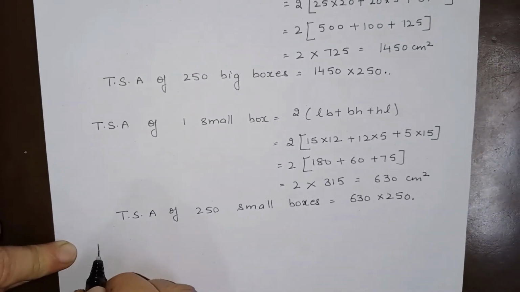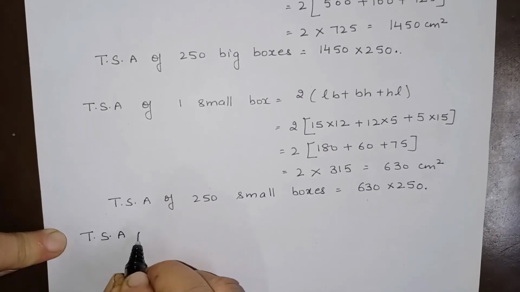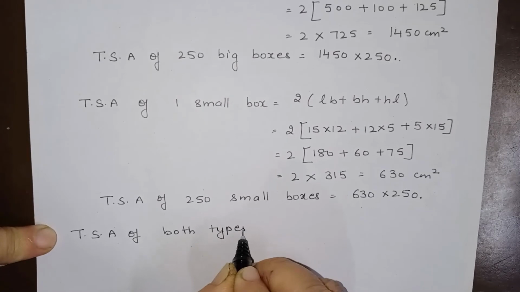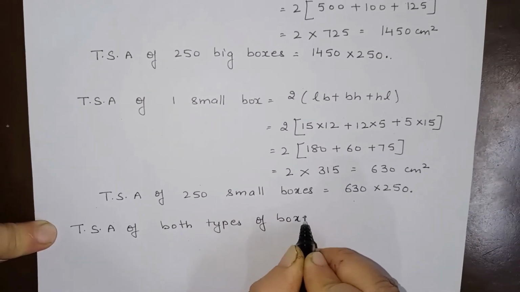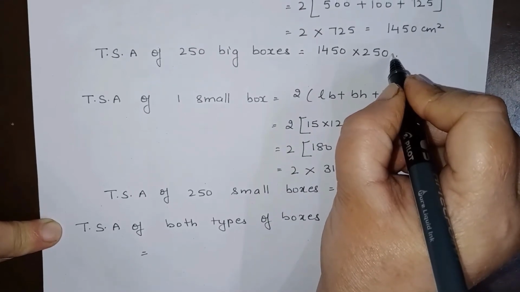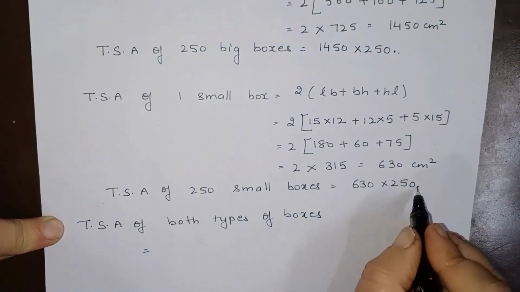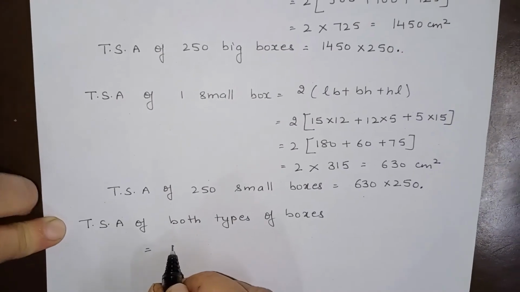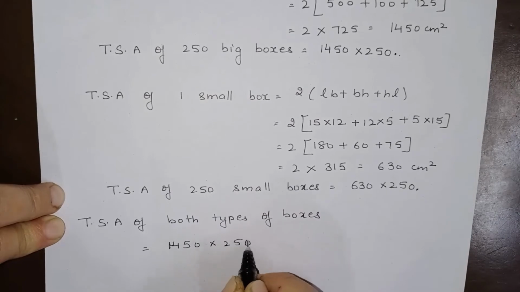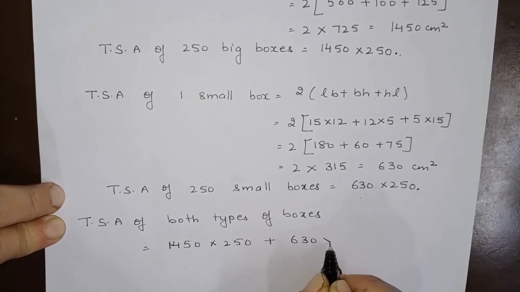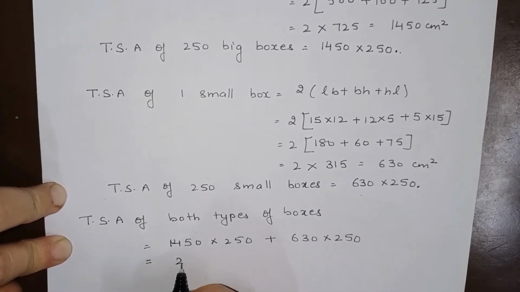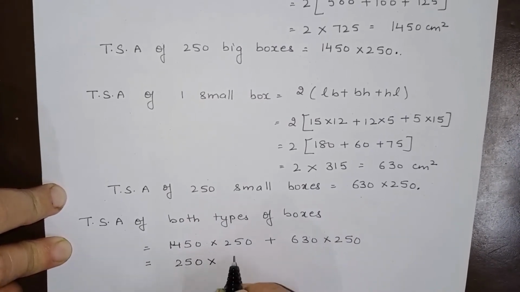Now we will write total surface area of both types of boxes. So we will add the total surface area of each type. This is 250 boxes of bigger size and 250 boxes of smaller size. So this is 1450 multiplied by 250 plus 630 multiplied by 250. We can solve it by using distributive property. That is, we can take 250 common.